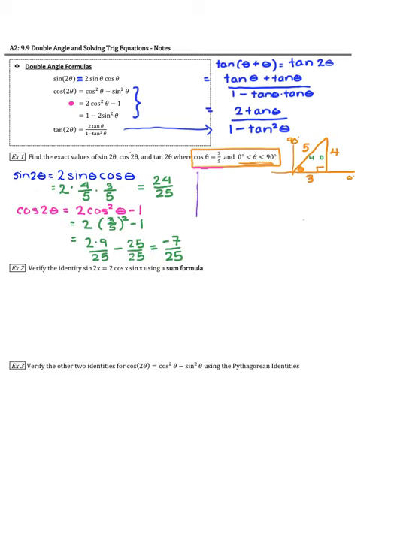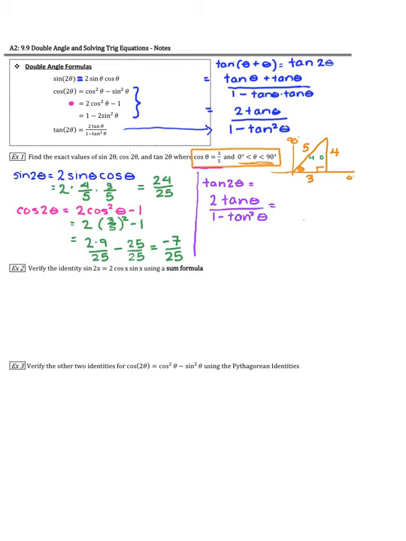All right, and then the last one, they wanted us to also find tangent 2 theta. We only have one identity for that. So tangent 2 theta is 2 tan theta over 1 minus tangent squared theta.